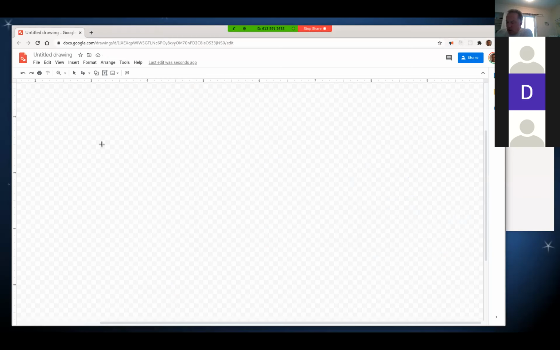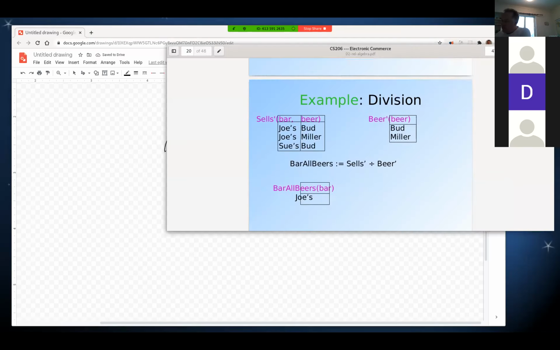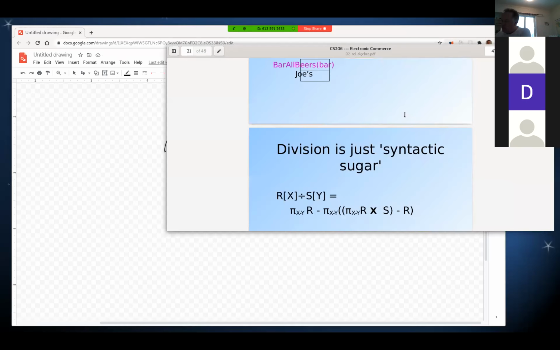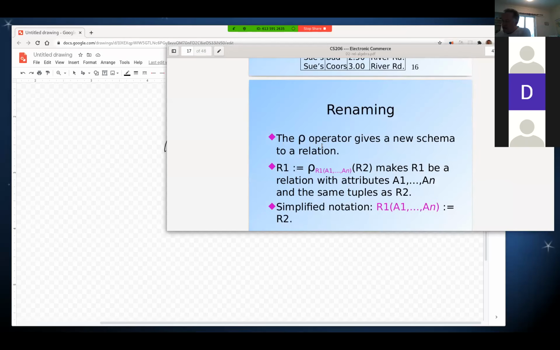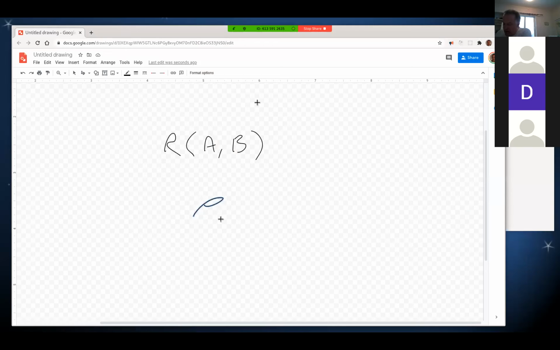If I have R, and it's basically A and B, but I would rather have B turn into a C. What I can do is say rename, and if we look at the syntax here, this rho operator, you just put in a full signature. So what this renaming is going to do, if I say I want it to be S, let's see, I said A, and I want it to be C.